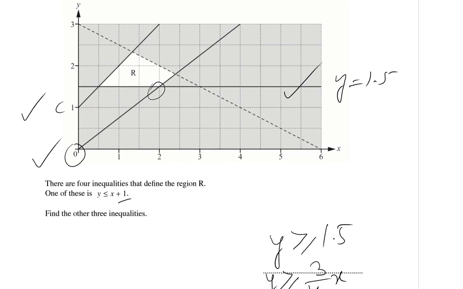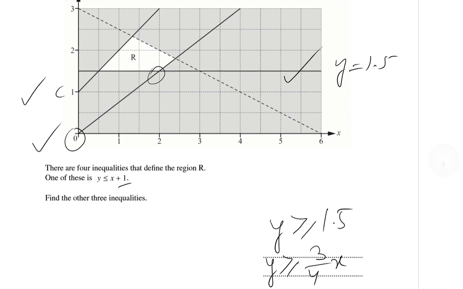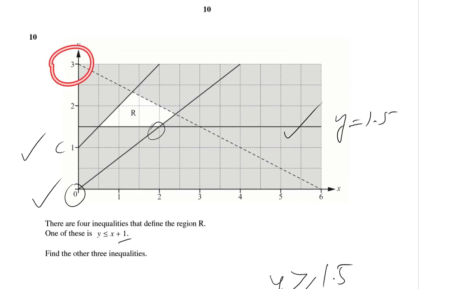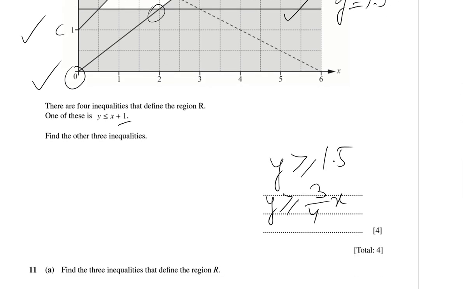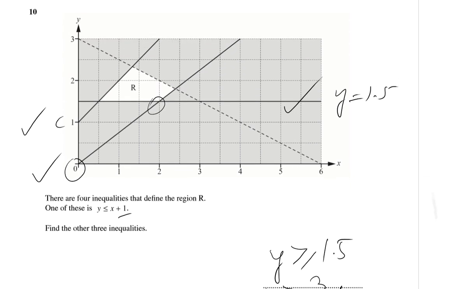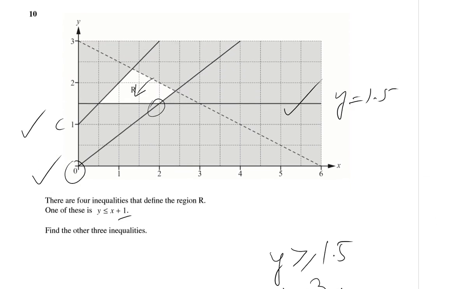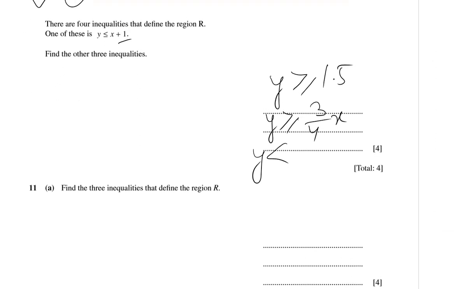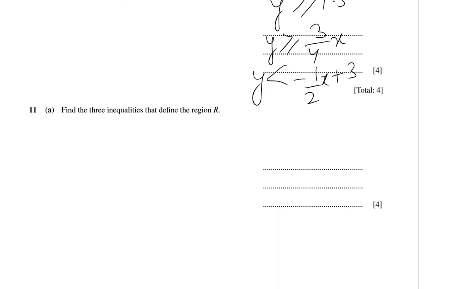So y over x, 3 over 6, 1 by 2 with the minus sign, and its y-intercept is 3. So its inequality would be y is, and it's pointing on the lesser side. So y is less than minus 1 by 2 x plus 3 would be your answer.